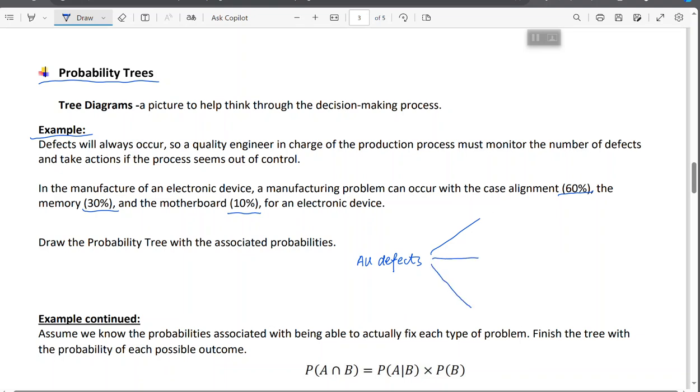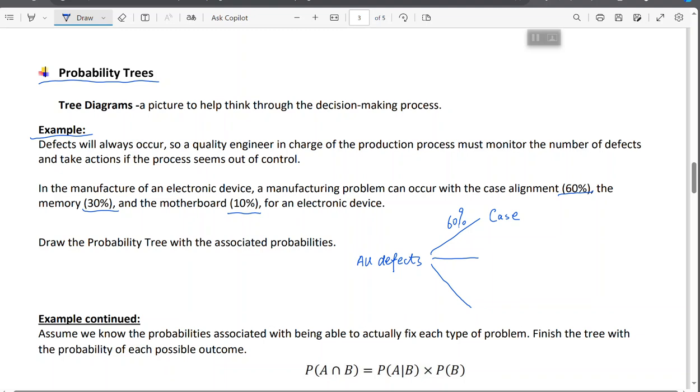The first kind is the case alignment problem with 60% chance. Where do we mark this 60% probability? We put 60% here on the way to case, so that means we have a 60% chance that the defects are case alignment defects, all right?